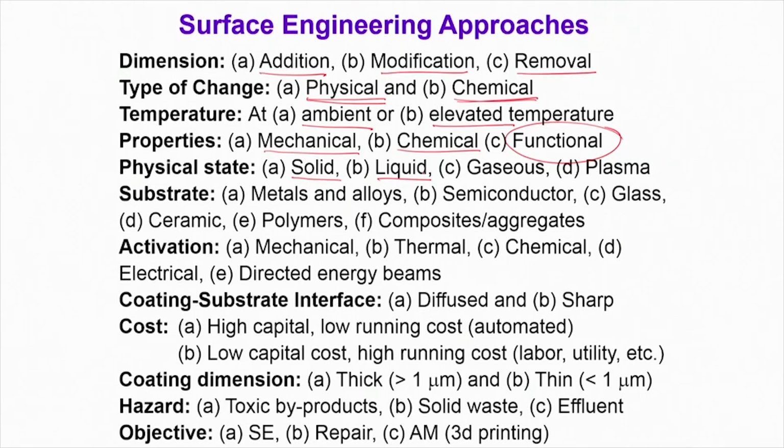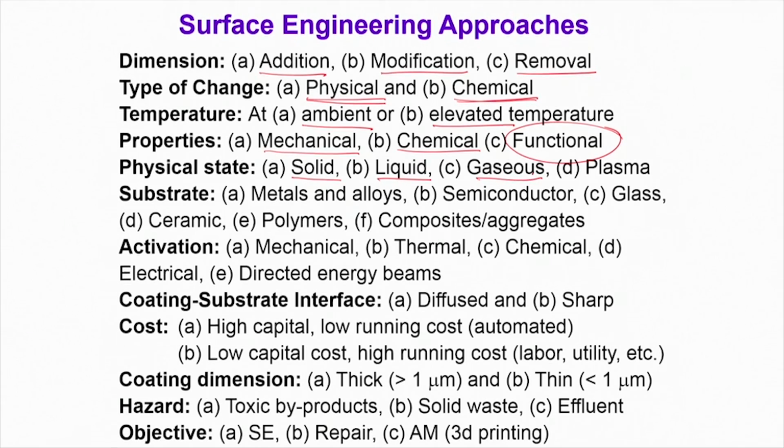We can do, for example, a liquid, we can immerse the substrate in a liquid medium and then carry out certain diffusional process or chemical reaction process, essentially in a liquid bath. So, it could be a conversion coating, it could be liquid carburizing or cyaniding and so on.